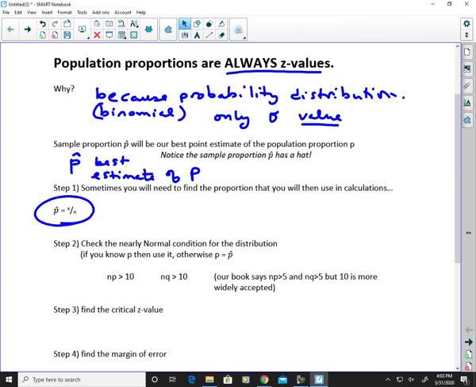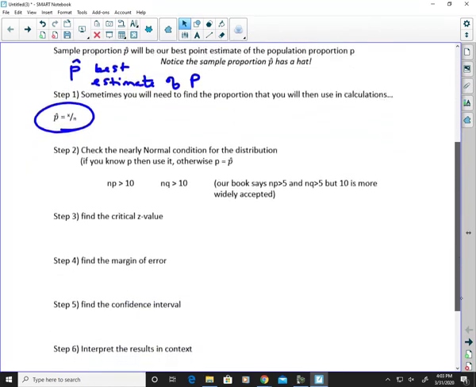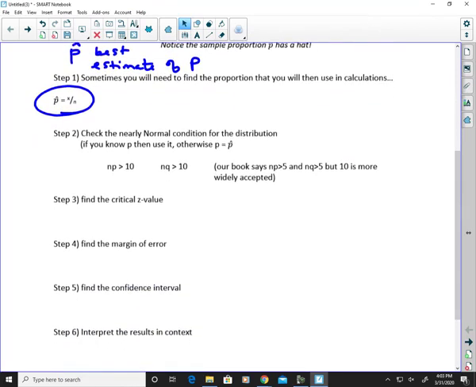Now, in order to do inference, meaning finding the confidence intervals, doing tests like we'll do in chapter 7, we would need to still have those same conditions: random, independent, and our nearly normal condition.